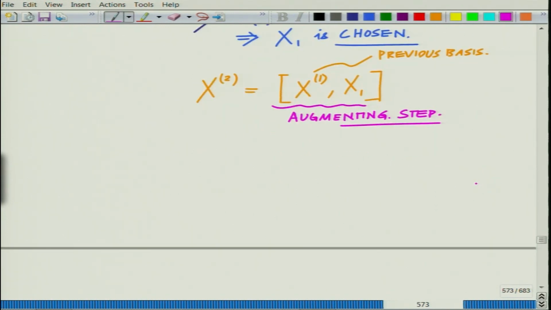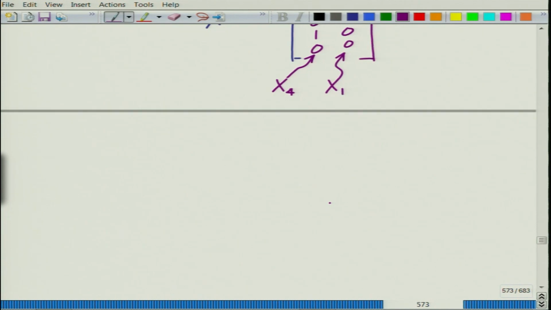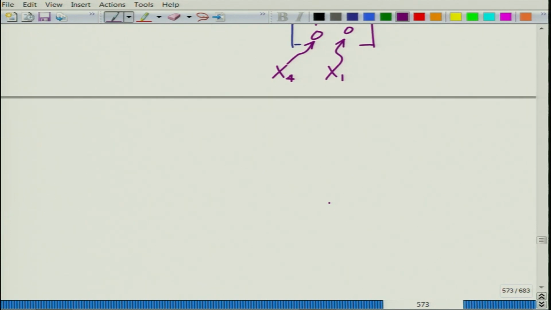And therefore now you will have x2, which is equal to, well, already you had the fourth column, 1 0 1 0. Now, we will add the first column, that is 1 1 0 0. So, remember, this is your x4 column chosen in the first iteration, this is your x1 column chosen in the second iteration. Now, once again we solve the least squares problem.